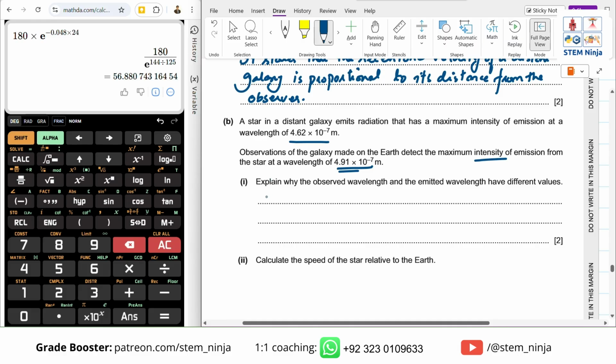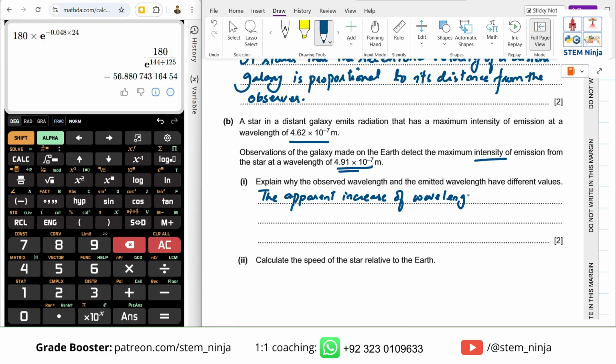So the apparent increase of wavelength shows redshift since the star is receding from the Earth.